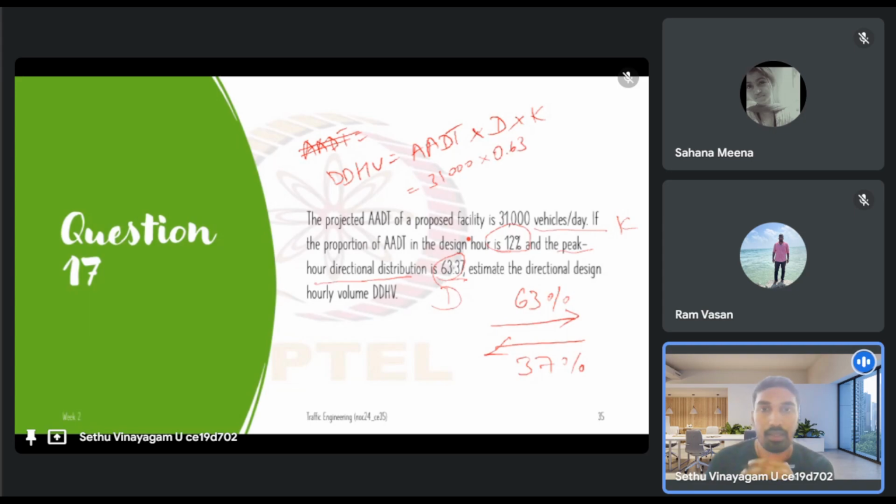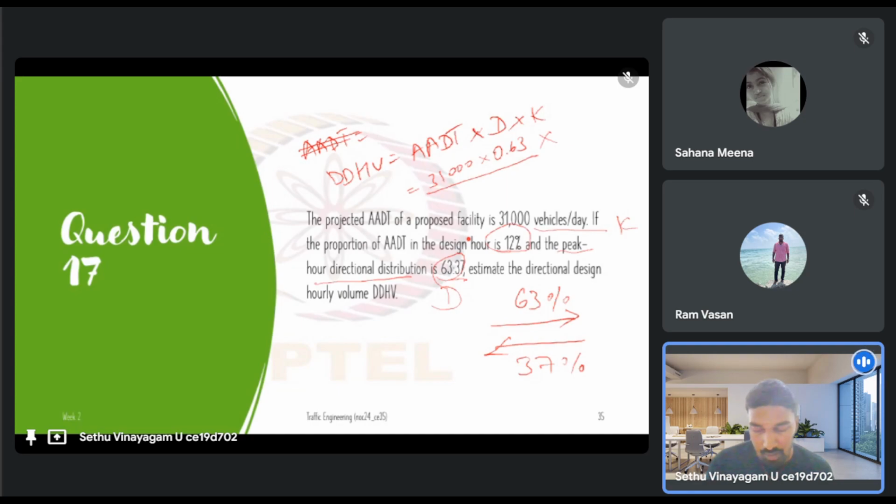It's a factor expressed as a ratio, a proportion in terms of 0 to 1. So 63% flows in the peak direction. This is still a daily volume: 63% of 31,000 vehicles flows in the peak direction per day, and we want to multiply it because we are calculating this for an hour.